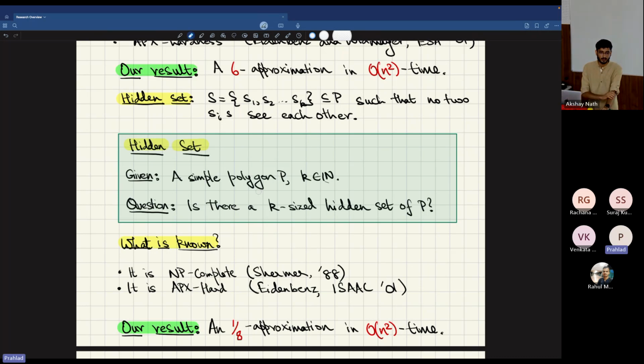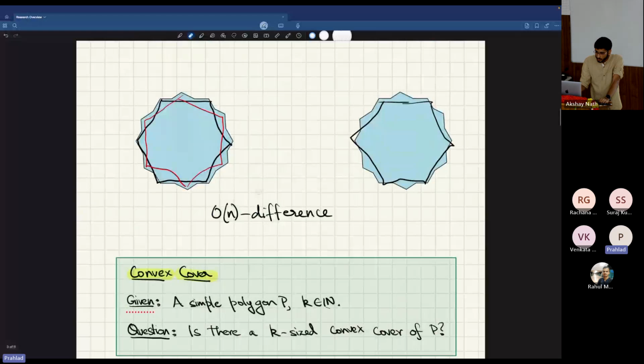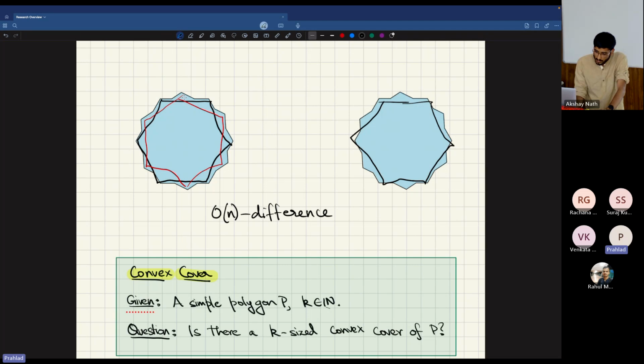Exactly right. So maybe we can just draw it here. Here, for example, there is no reason to choose something outside of a vertex, but we have examples where you do need to do that. So here, the maximum hidden set, for example, will be 2.